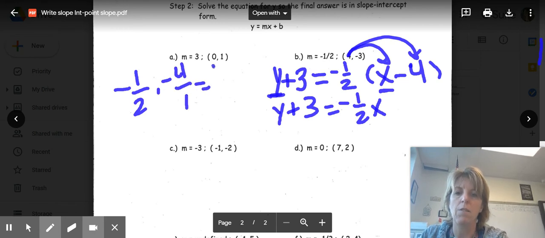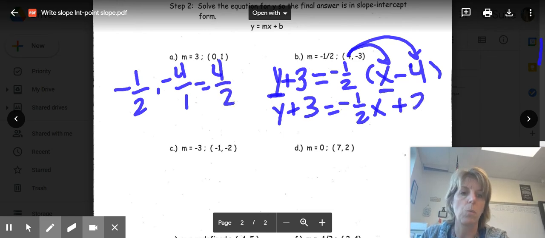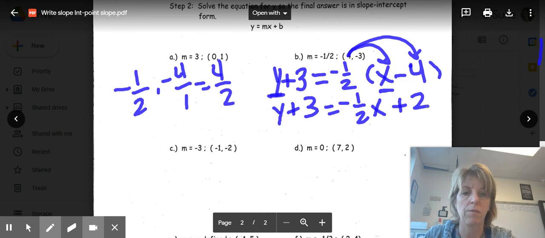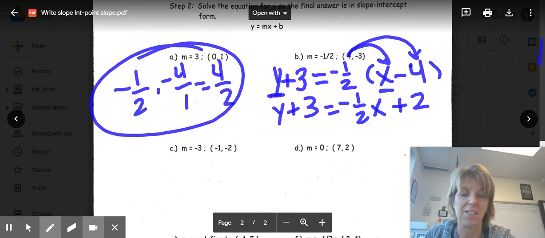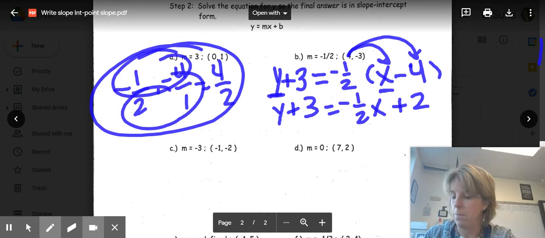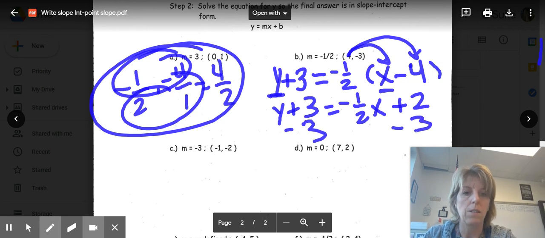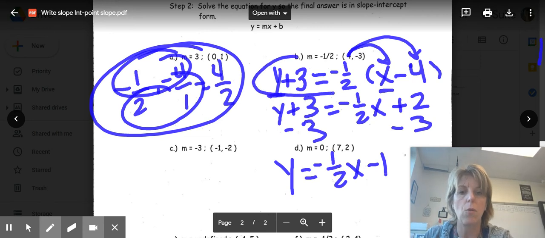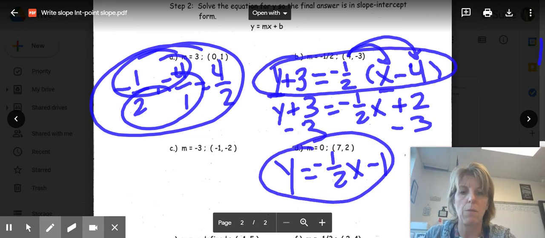That's going to give me +4 over 2, which is 2. So this will become +2. If this is still tricky for you, it needs to get fixed. You can do this. Just numerator times numerator, denominator times denominator. Then we're going to subtract 3 from both sides, and we get y equals -1/2 x minus 1. And we've gone from point-slope form to slope-intercept form.